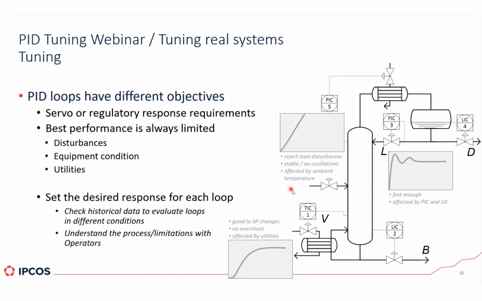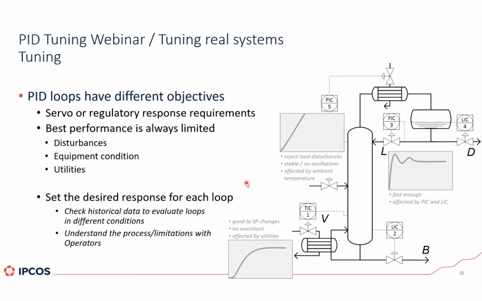And we know for this pressure controller that it will be affected by ambient temperature, for example. This ambient temperature can change the cooling water temperature, right? And then we also need to take that into account when we are defining this tuning for the pressure controller. And the same for reflux and levels and so on and so on.